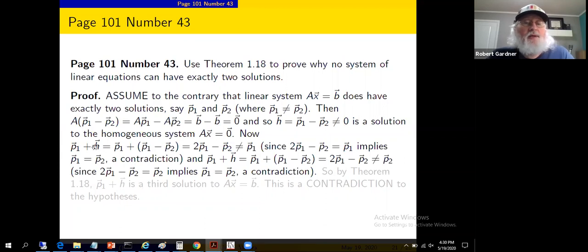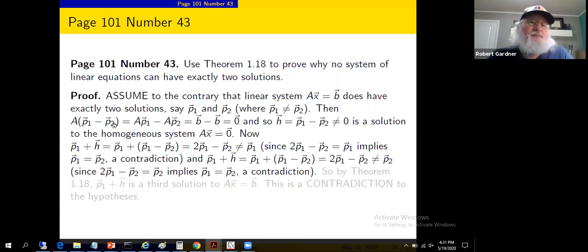All right, consider the difference, p1 minus p2. If we apply matrix A to p1 minus p2, that'll give us Ap1 minus Ap2 by distribution. Ap1 equals b because p1 is a solution to the system of equations. Ap2 equals b for the same reasons. We get the difference b minus b, which is, of course, a zero vector.